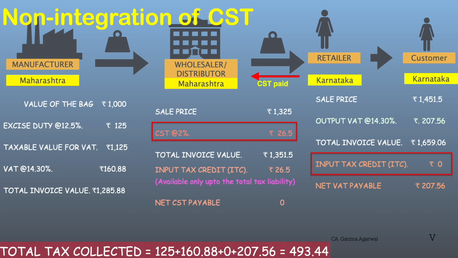So when there was an interstate transaction, you can see that the tax cost increases tremendously. In this example, the tax cost comes to 493.44 rupees, versus if the transaction happened in the same state, then the tax cost was 328.78 rupees.